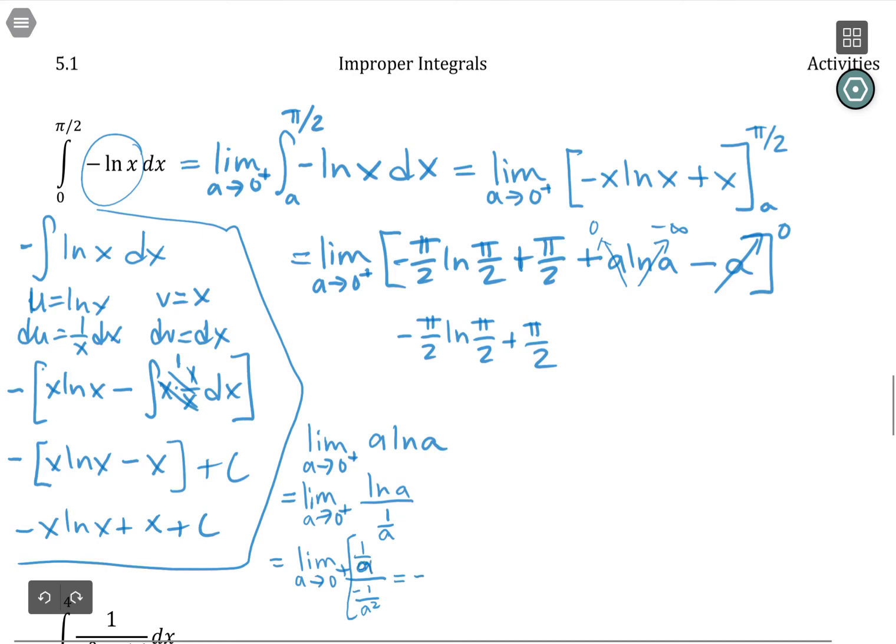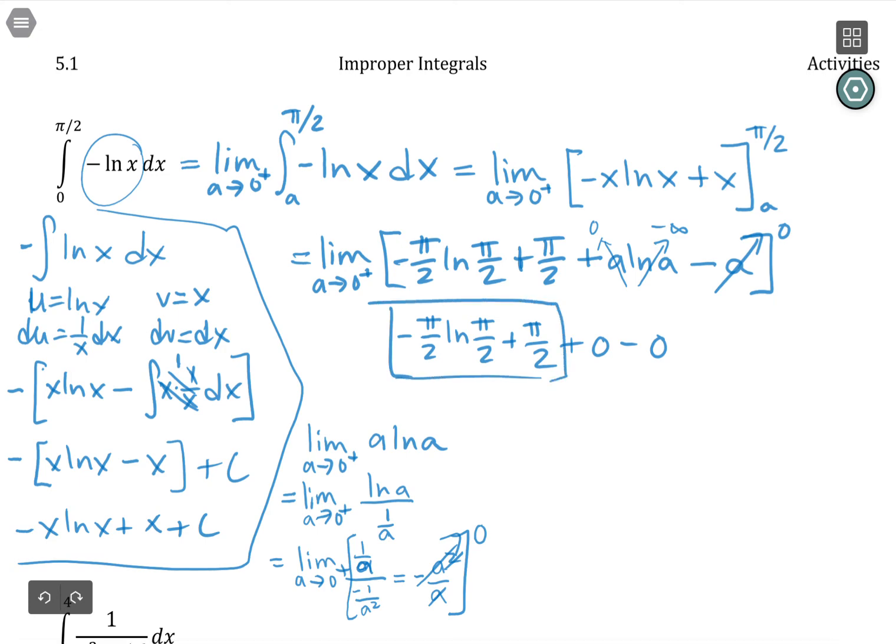Simplifies to negative a squared over a, which is just negative a. And then if we take the limit as a goes to 0, that's going to go to 0 as well. So in the end, it's plus 0 minus 0, or just negative pi over 2 natural log pi over 2 plus pi over 2.